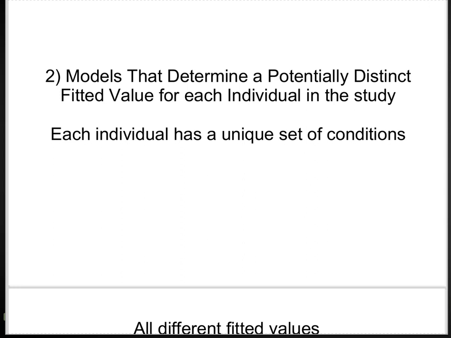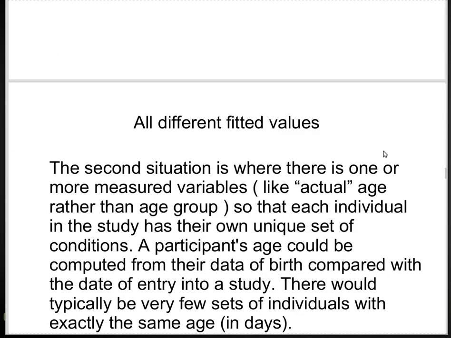A vastly more common circumstance in health research studies, in epidemiologic studies, is where everybody has their own unique set of conditions, that there are no groups. So everybody has their own distinct fitted value. And it could be because we're measuring actual age here.